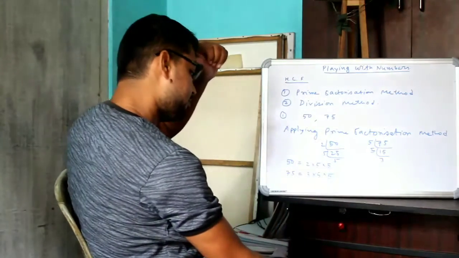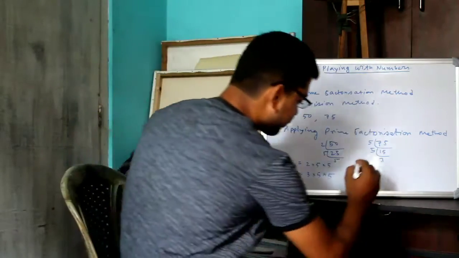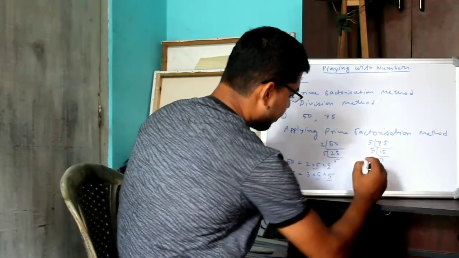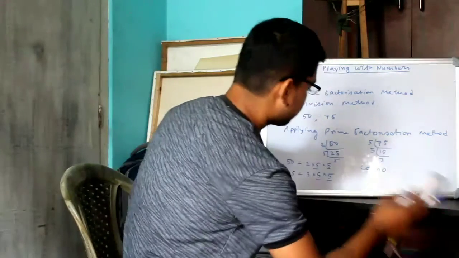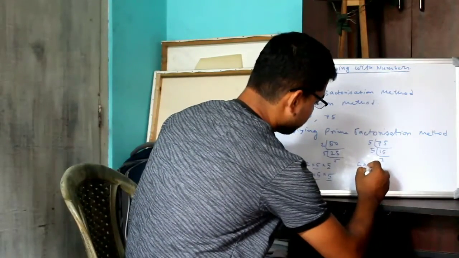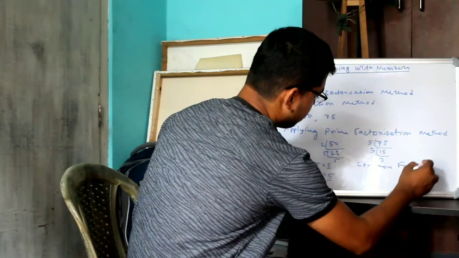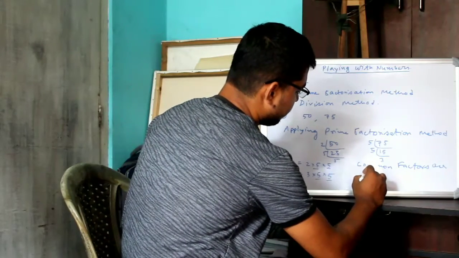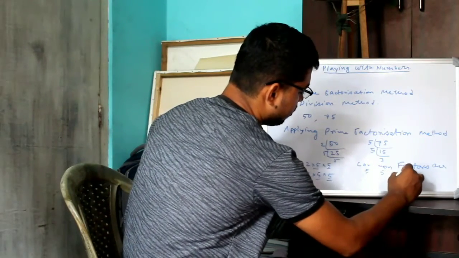Now the common factors are 5 and 5. 5 into 5 equals 25.